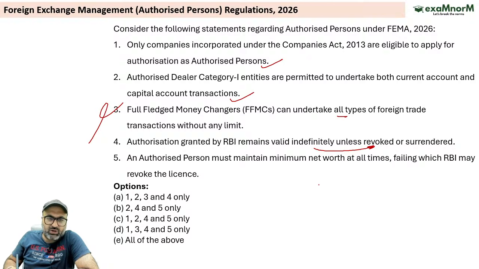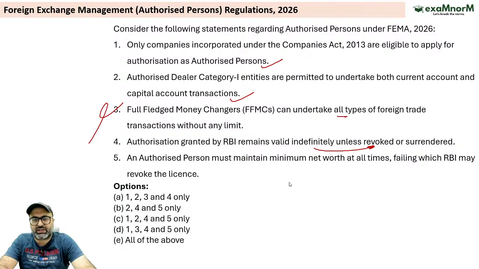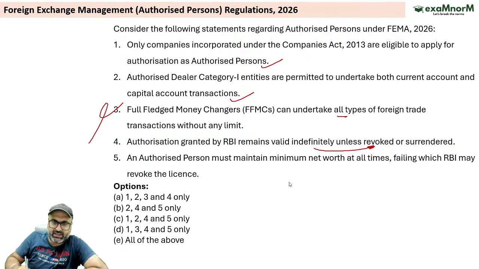Unless revoked or surrendered. तो अगर मैं इस क्वेश्चन पे जाऊं तो I would say कि एक हद तक ये पॉइंट ठीक है, because if you are considering it with respect to banks and NBFC, it is correct. So I'll take it in that manner only.